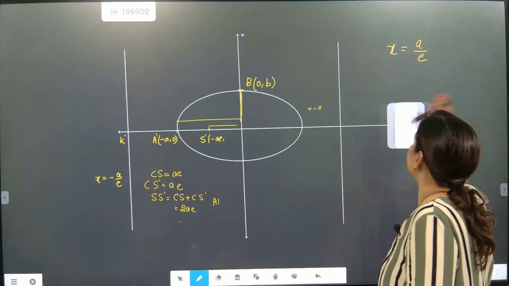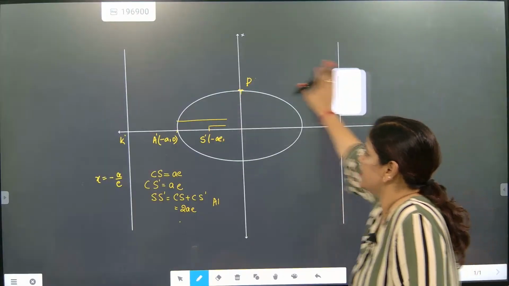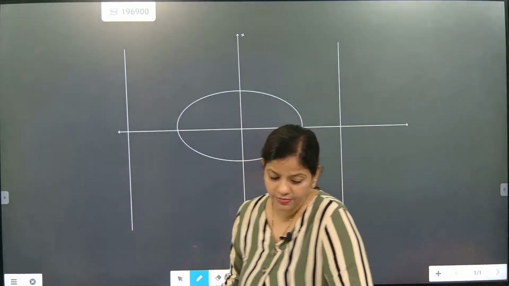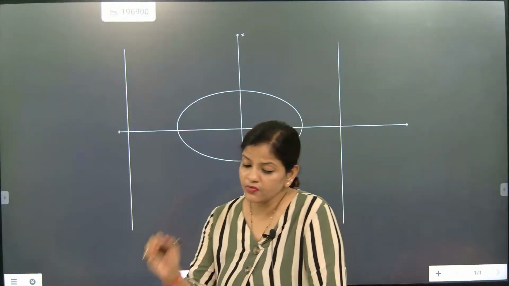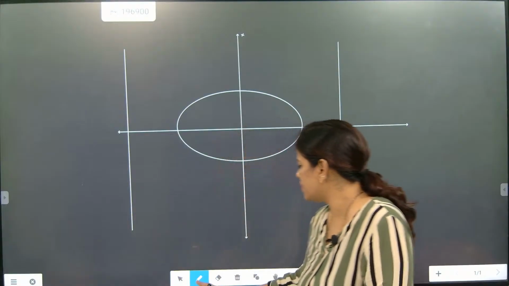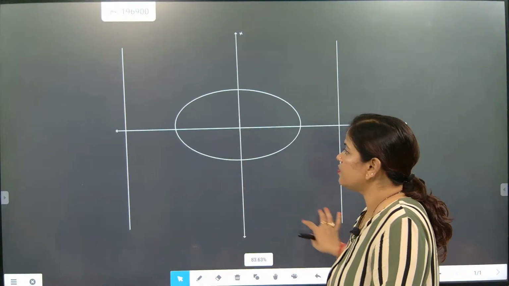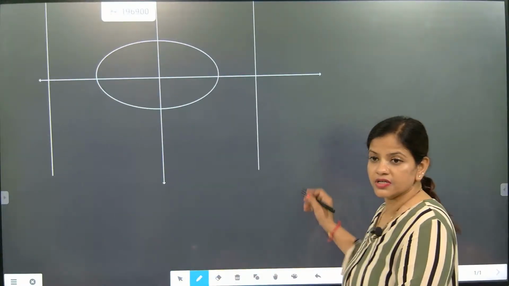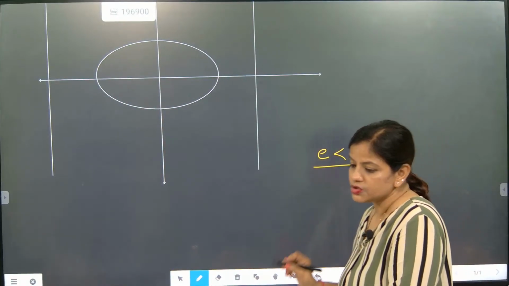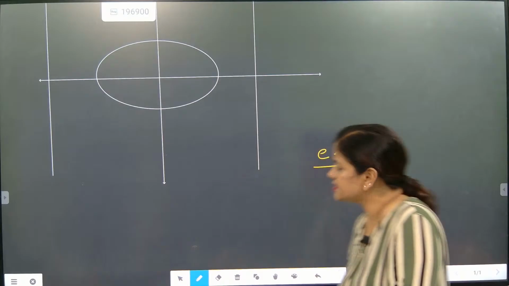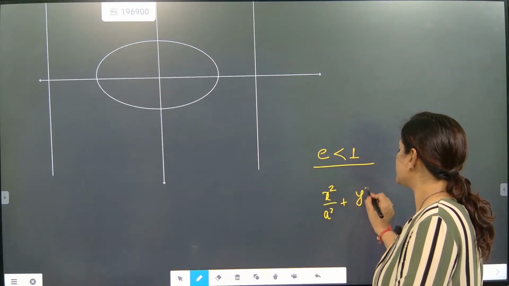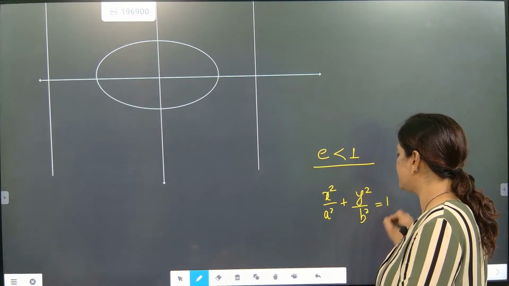Now the eccentricity of an ellipse is less than 1. Remember this, beta. Whenever you write the eccentricity formula, it will be less than 1. Now look here, x square by a square plus y square by b square is equal to 1.